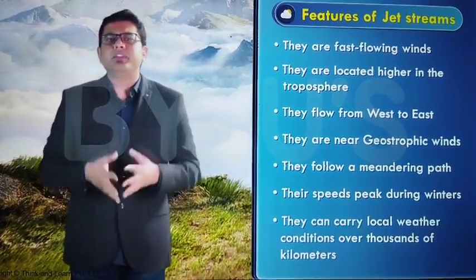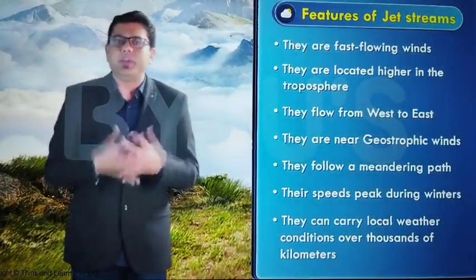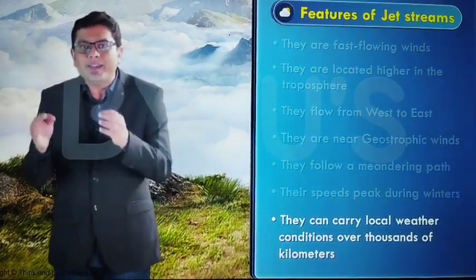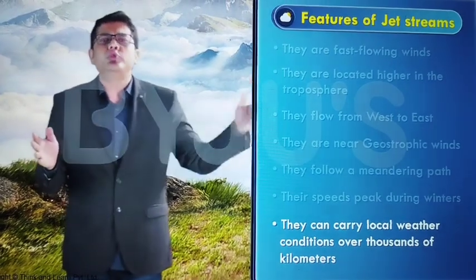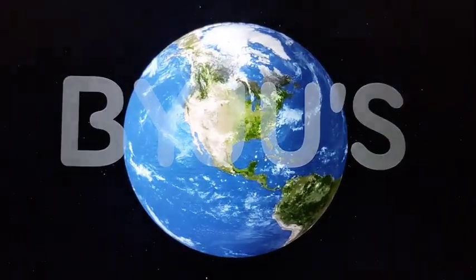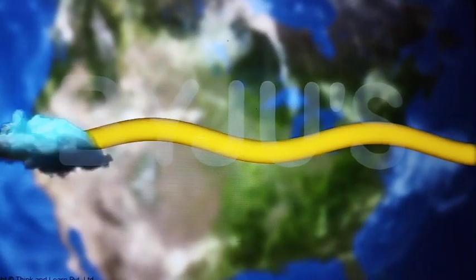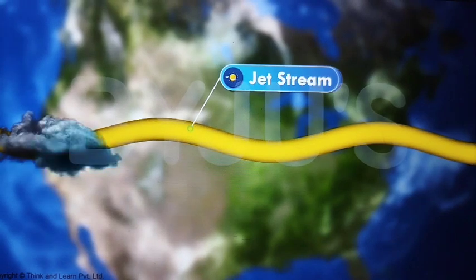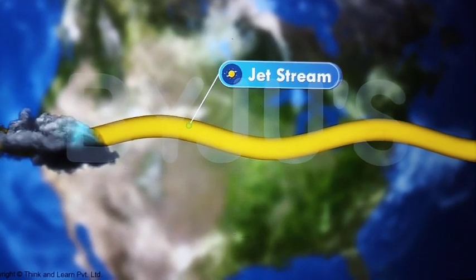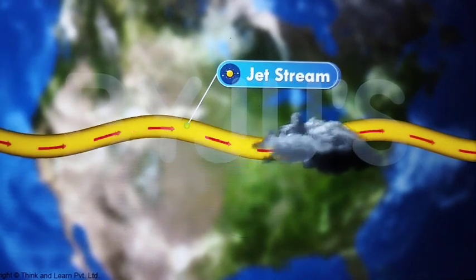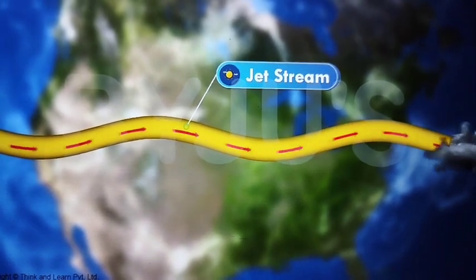Now, another interesting feature of these jet streams is their ability to carry localized weather conditions over thousands of kilometers. For example, if a place is experiencing a cyclonic condition, then the overlying jet stream has the ability to transport this atmospheric condition over a very large distance.